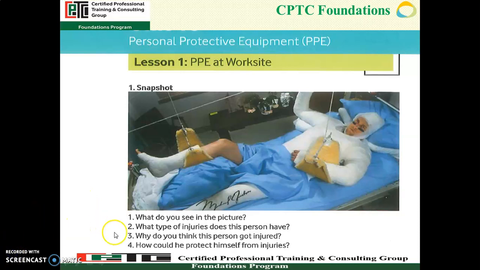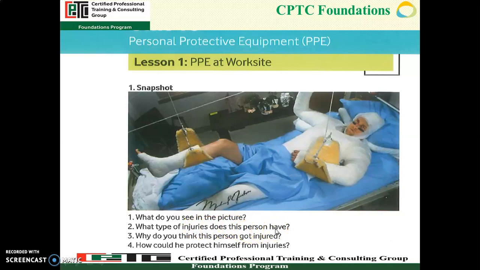So, for the first question, what do you see in the picture? Yes, obviously you see a man lying on a bed, and almost his entire body is covered with plaster bandages. So then, what type of injuries does this person have?